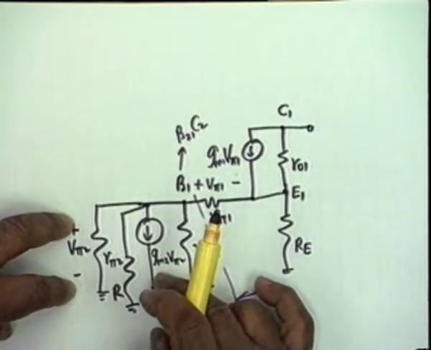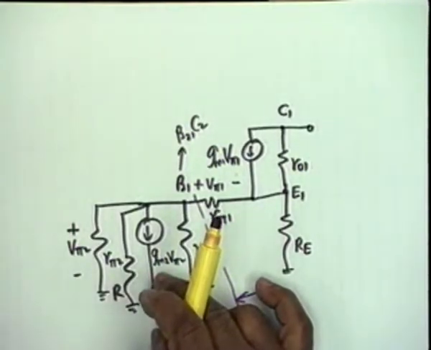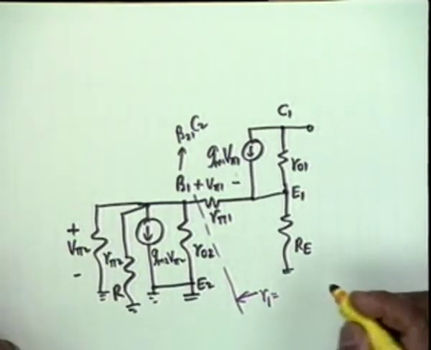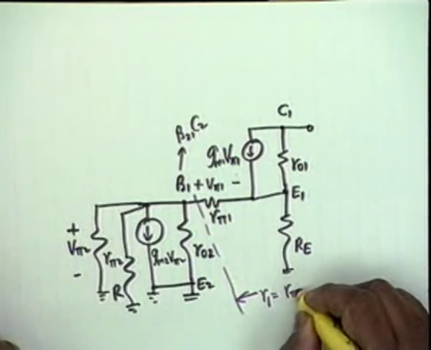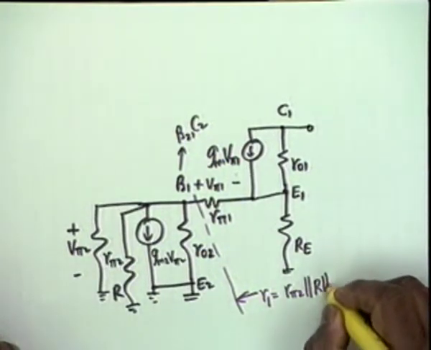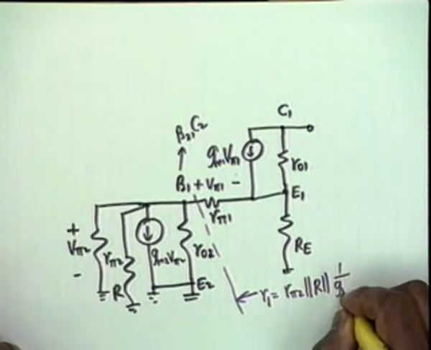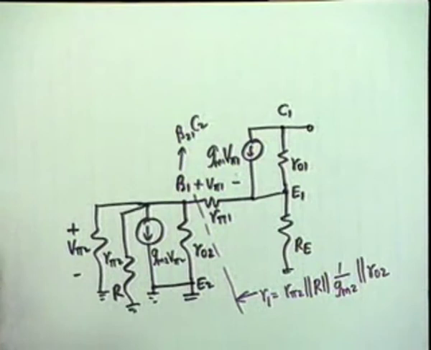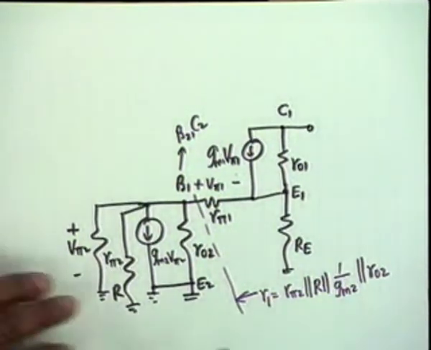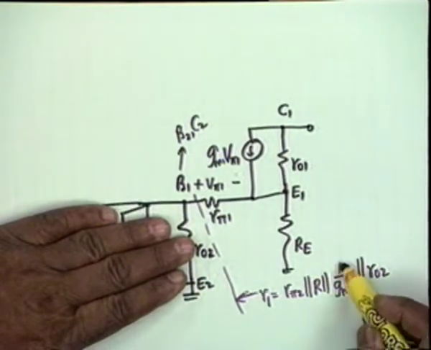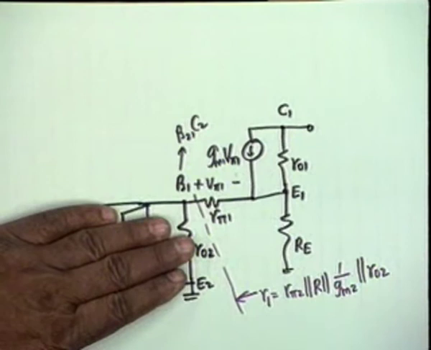So the equivalent impedance is 1 by GM2, and therefore if we call this resistance R1, it is simply R pi 2 parallel R parallel 1 by GM2 parallel R02.